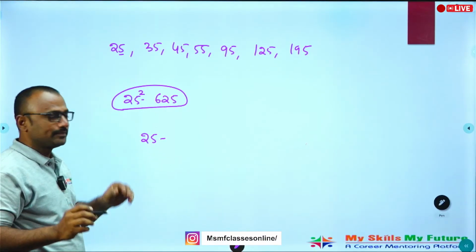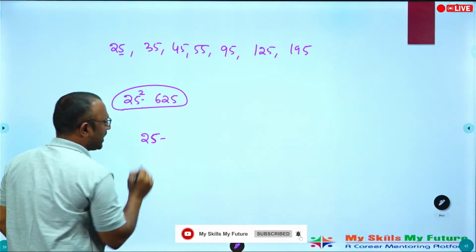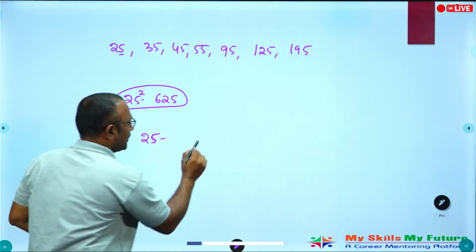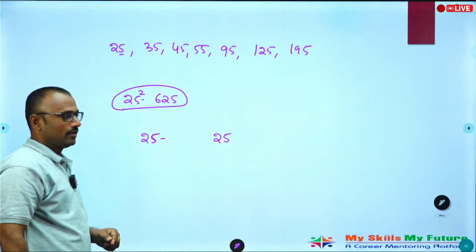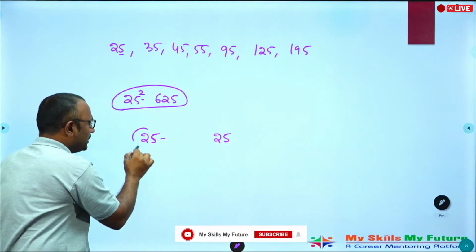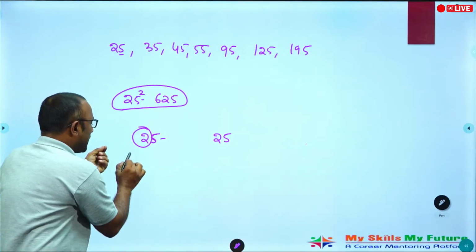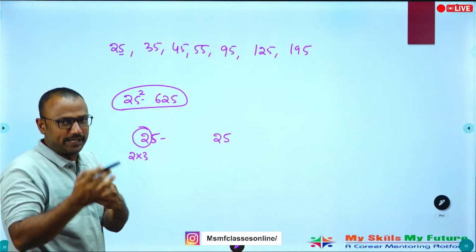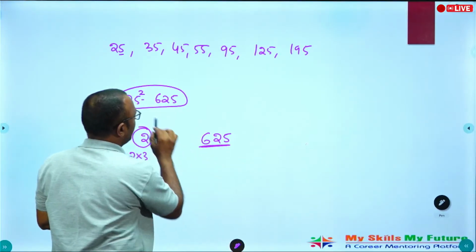The unit digit is 5, so directly write 5 square, which is 25. Here we have the number 2, so just multiply it with the next number: 2 into 3 is 6. So 625 is 25 square.